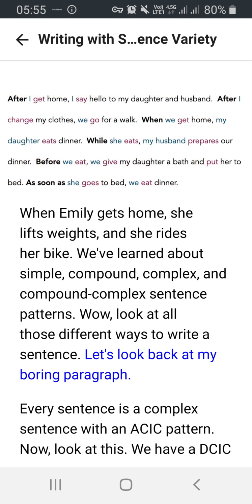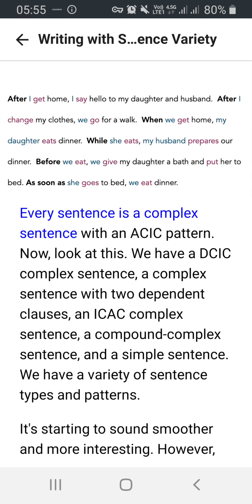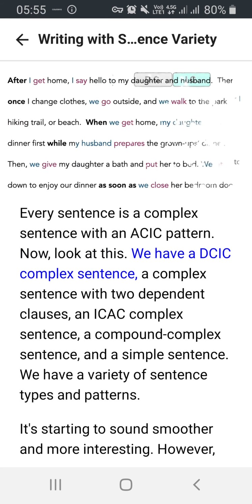Let's look back at my boring paragraph. Every sentence is a complex sentence with a DC-IC pattern. Now, look at this.